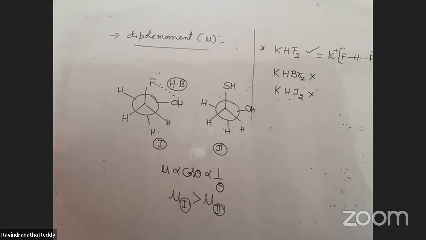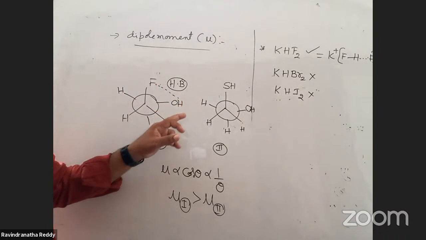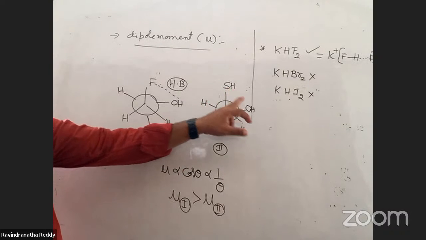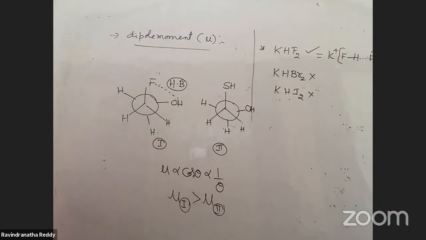Between oxygen and hydrogen bond is possible here. Between sulfur and hydrogen, hydrogen bond is not possible.